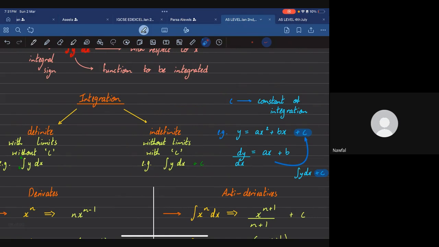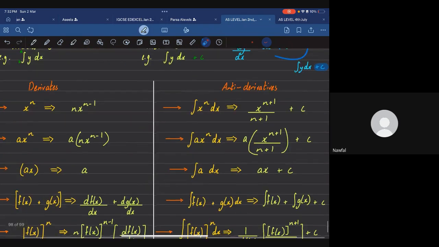And where did that come from? Because when we take the derivative, we do not take the derivative of the constant term. So when we integrate a derived equation, we're trying to go back to the original function it had. That is why we introduce c by ourselves. Clear? Yes.